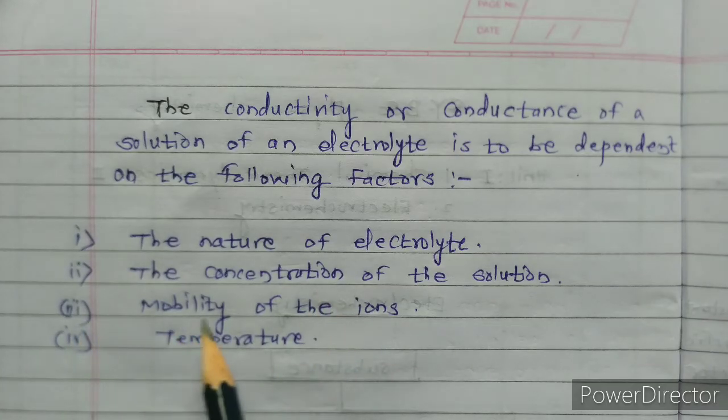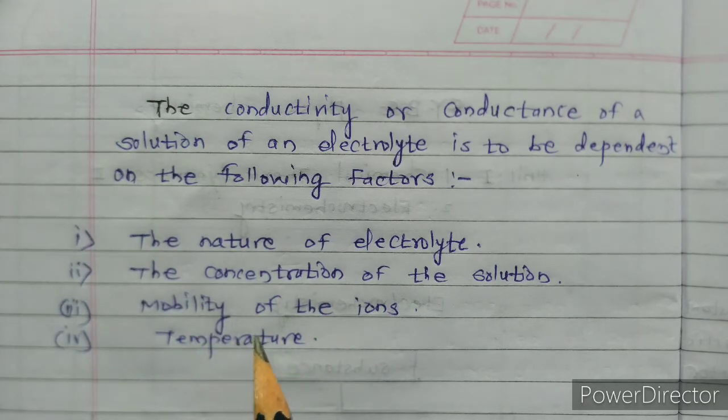The third factor is the mobility of ions. Mobility means the tendency or speed of the ions to migrate towards the respective electrode, that is, the positive ions migrate towards the negative electrode and the negative ions migrate towards the positive electrode.